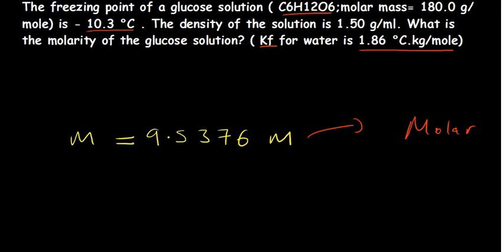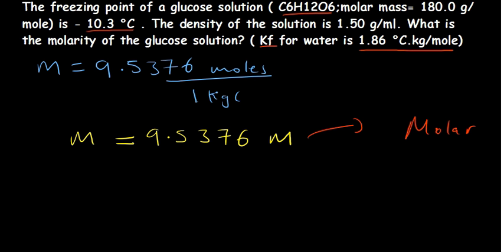So our molal concentration is 9.5376. Now that stands for moles per what? Per kilogram of solvent.